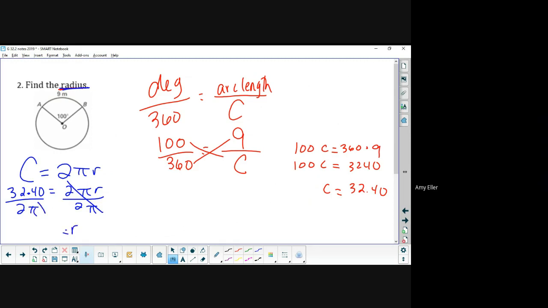Don't forget your parentheses. .16 meters.